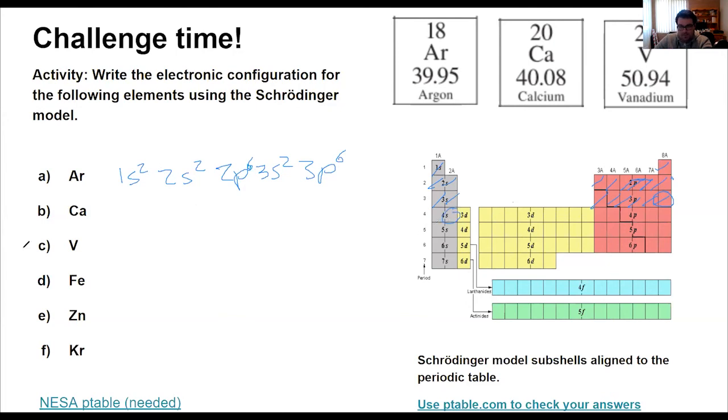All right, so if we take a look here, calcium is going to have 1s2, 2s2, 2p6, 3s2, and 3p6, because it's got the same electrons that are filled up orbitals as argon, but there's two more. So our 4s shells just here. All right, so 4s2. So that would be one way of writing this, okay?